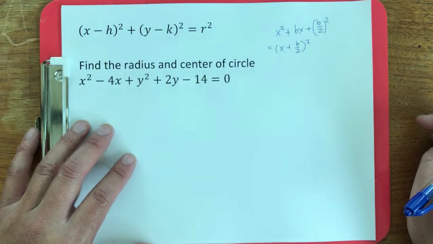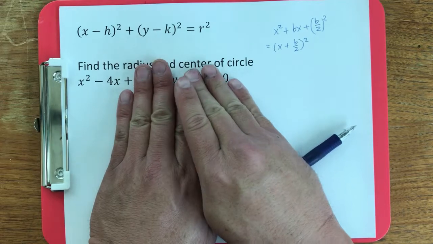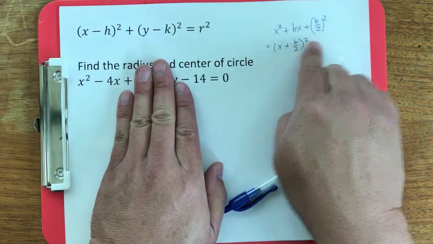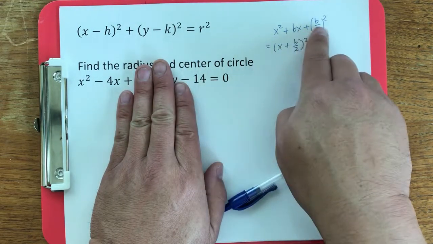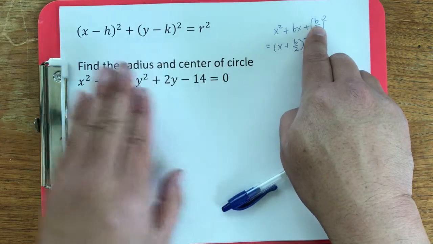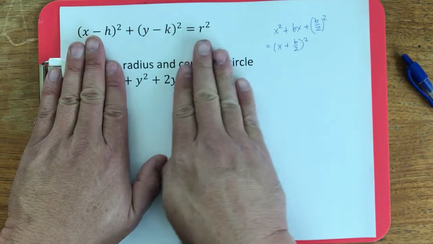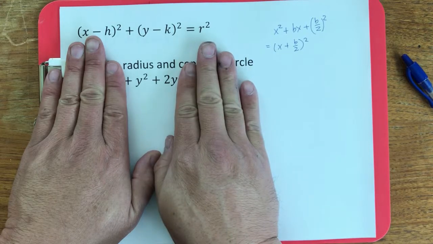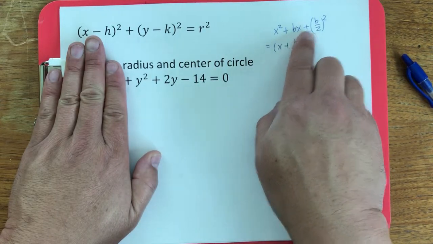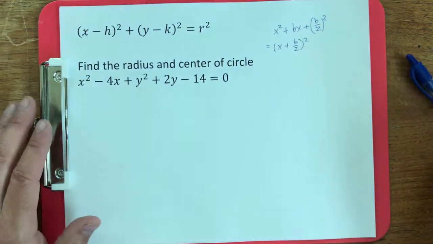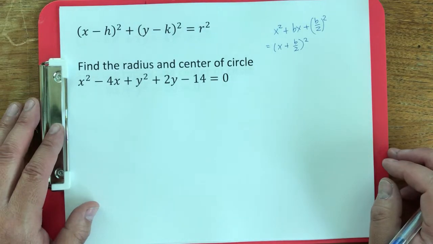So what we want to do is we want to make this look like that, where b is equal to -4 and -4 inside there. In the same way, we want this to have this form where we need to put b is equal to 2.